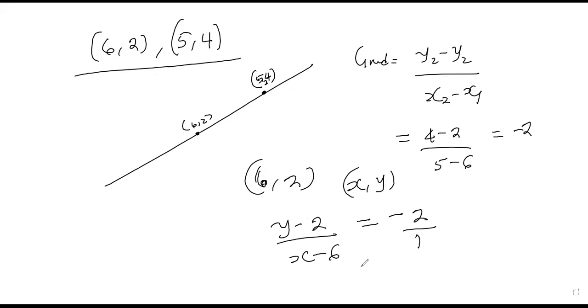Is it okay? You get the line. So Y minus 2 is equals to -2X plus 12. So you get your Y as -2X plus 14. That would be the equation of the line of best fit. Am I very clear?